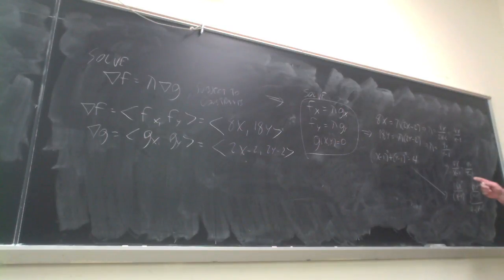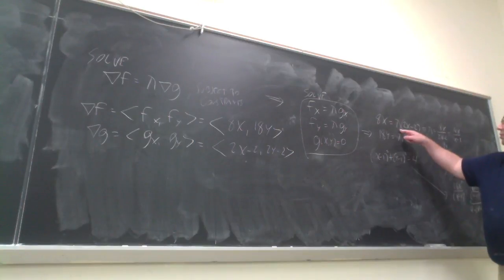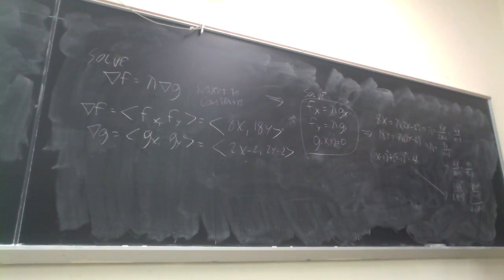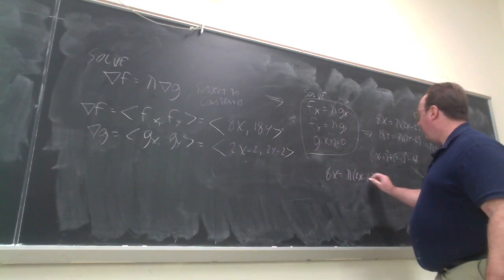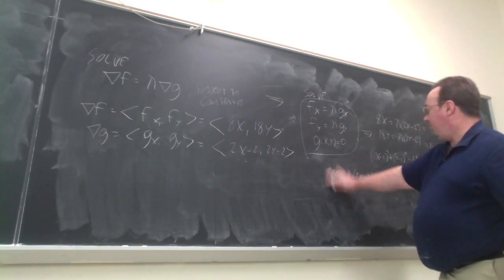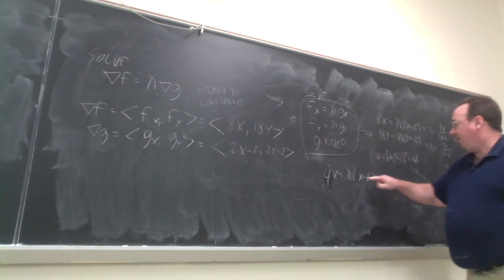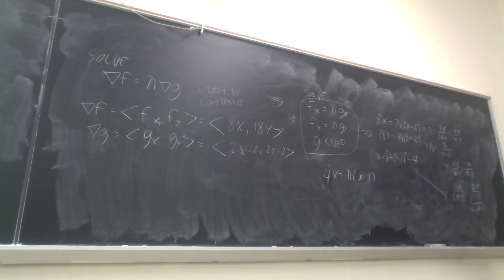Now, what you could do instead is we go back up here to our original equations. Here I took this equation and solved it for lambda in terms of x. We could go the other way. We could solve for x in terms of lambda. So if I have 8x equal to lambda times 2x minus 2, let's write it down here, and I'm going to divide through by 2.